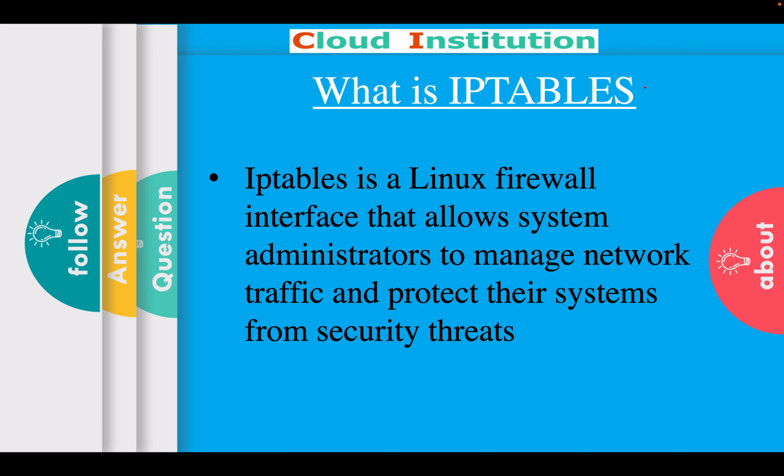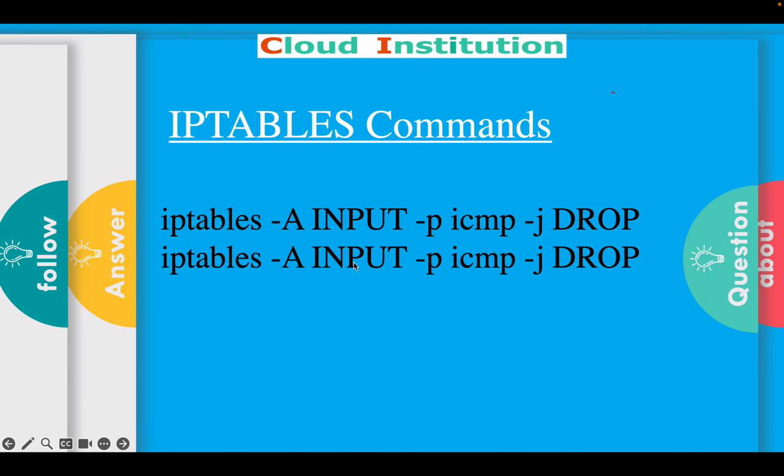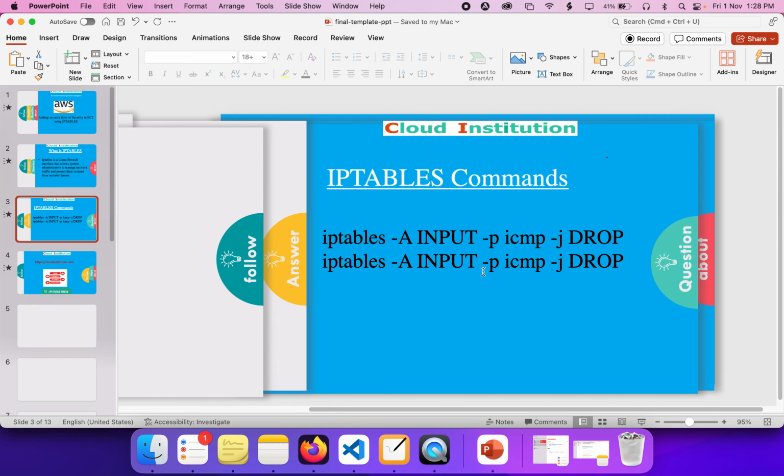If you add IPTables rules, this is done using these commands: iptables -A INPUT -p icmp -j DROP. This is the command I'm going to use.